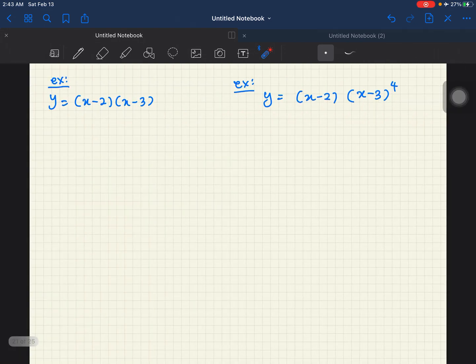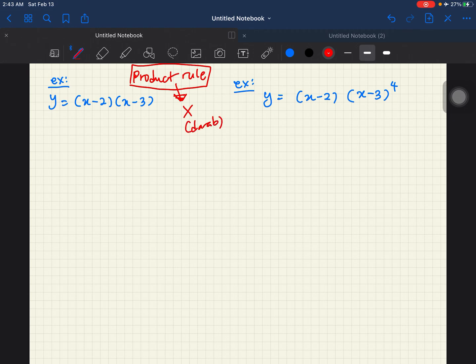So these are a few examples of what I said earlier about the product rule. Ini adalah termasuk dalam product rule. Kenapa dia product? Sebab product ni biasanya kita selalu kaitkan dengan darab. Okay, so meaning that product rule tadi adalah y equals uv, right? So this is your u and this is your v.